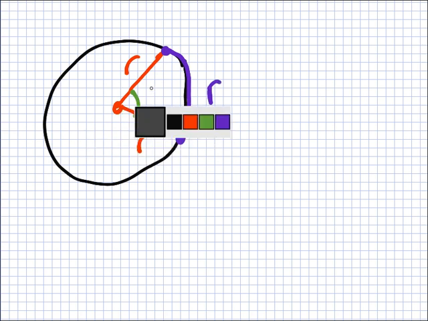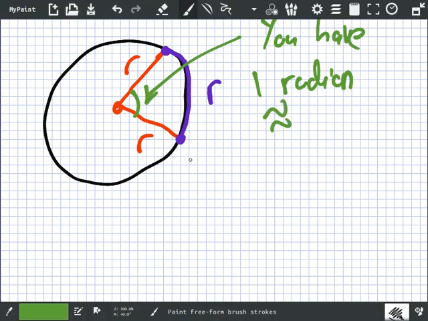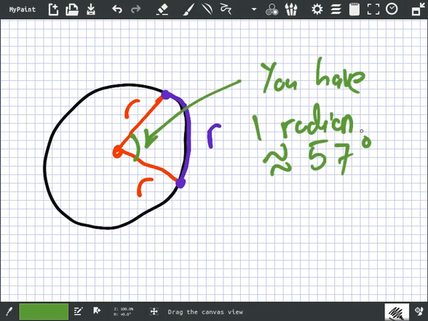Then what you say is here you have 1 radian, which is roughly 57 degrees.